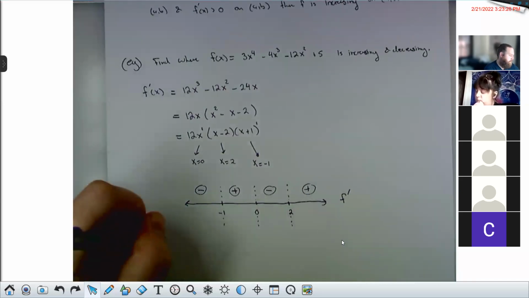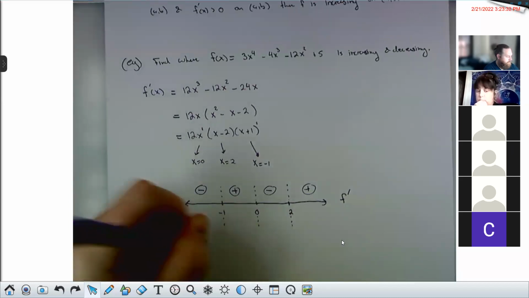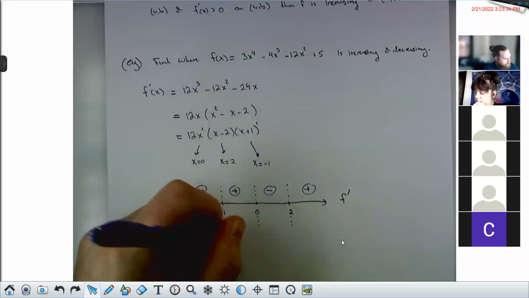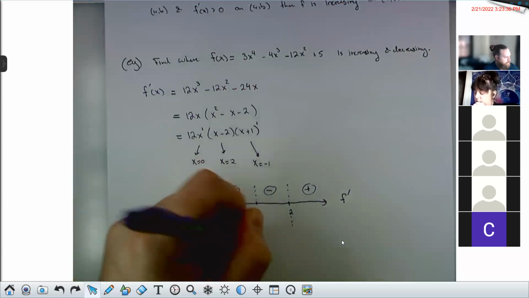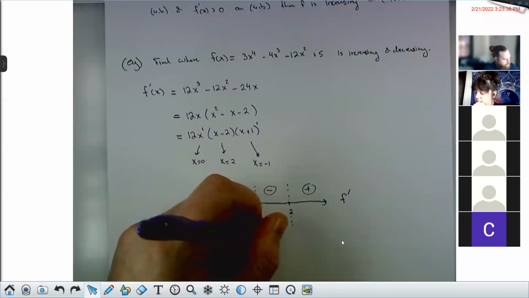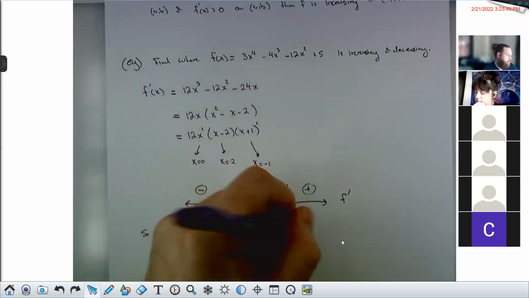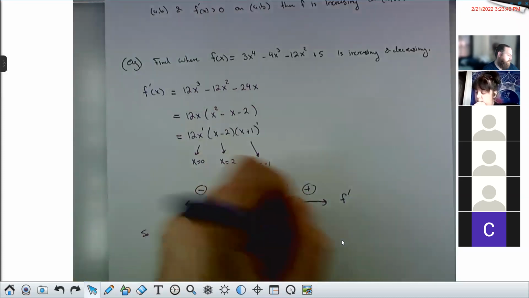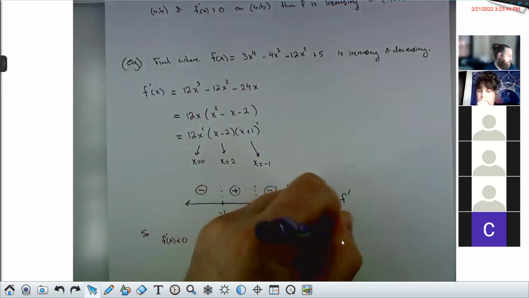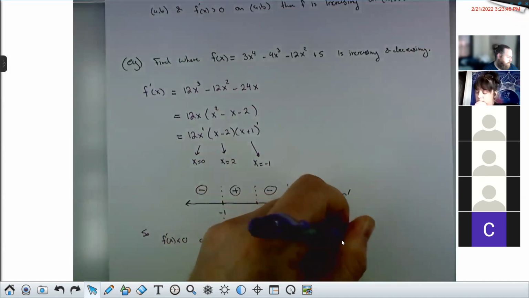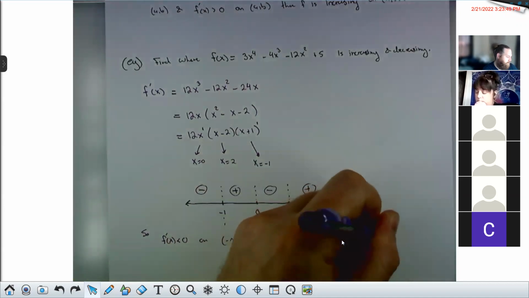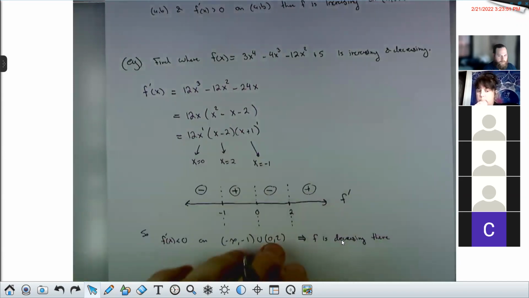So f prime of x is negative on the interval -infinity to -1, union with 0 to 2, which means f is decreasing on those intervals or on that set.